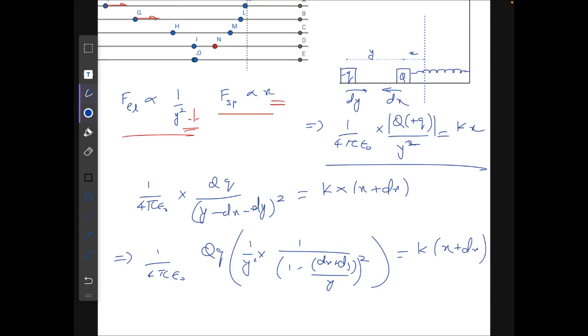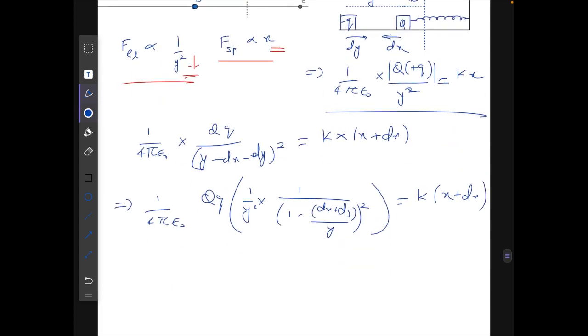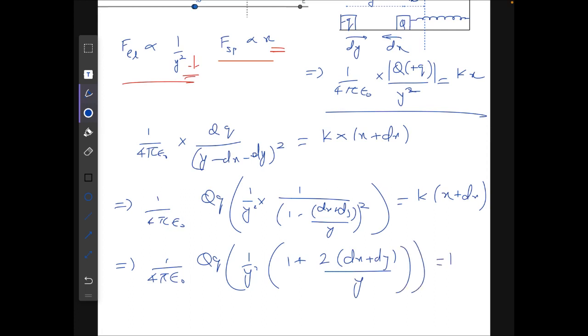Now this can be approximated to 1 by 4 pi epsilon naught q times 1 by y squared times (1 plus 2 times (dx plus dy) by y) equals k times (x plus dx).